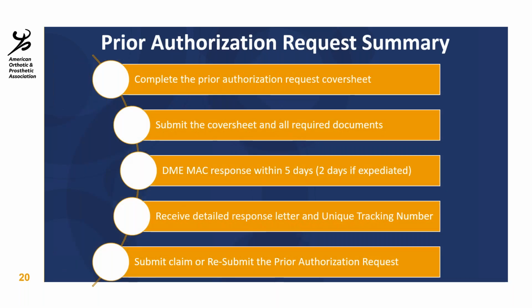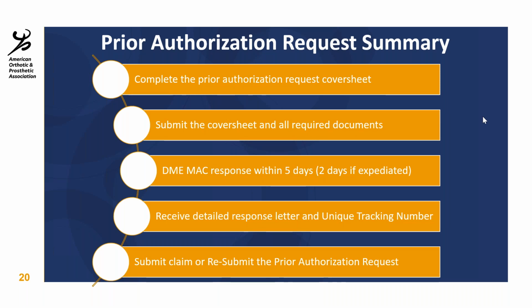So let's recap the process. First, you must fill out and complete the basic information on the cover sheets and compile all the needed medical necessity documentation and the SWO. Step 2 is you submit the cover sheet and all of your information. Third, the DME MAC responds within 2 to 5 business days, depending on the type of submission, whether that's expedited or regular or resubmission.